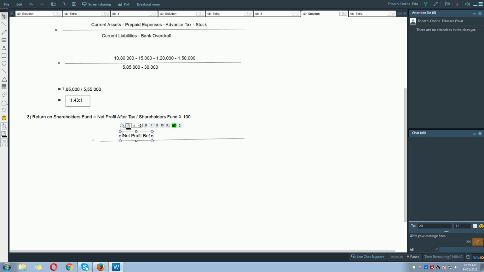So that is equal to 7,95,000 divided by 5,55,000, 1.43. 1.43 is to 1.